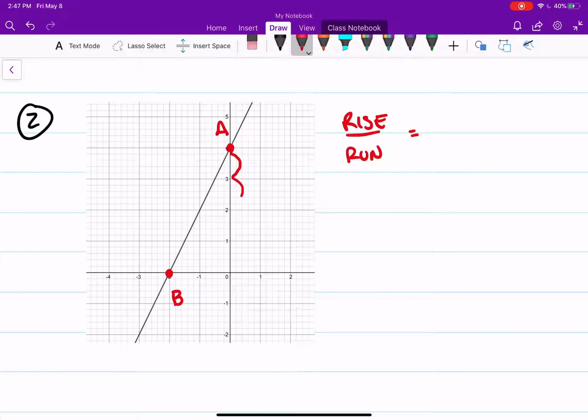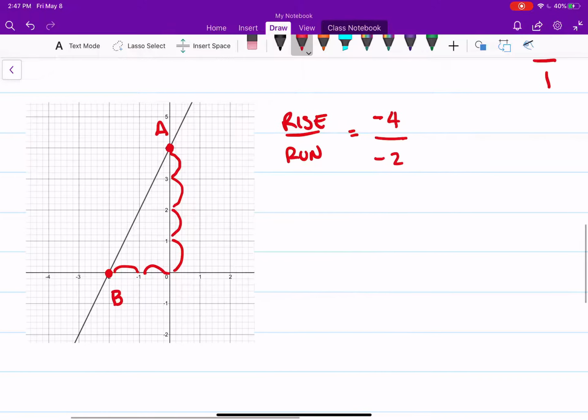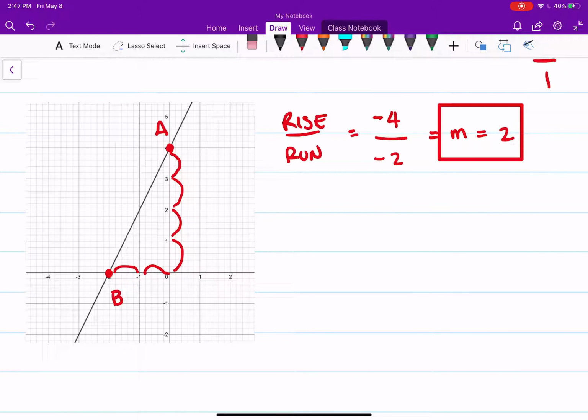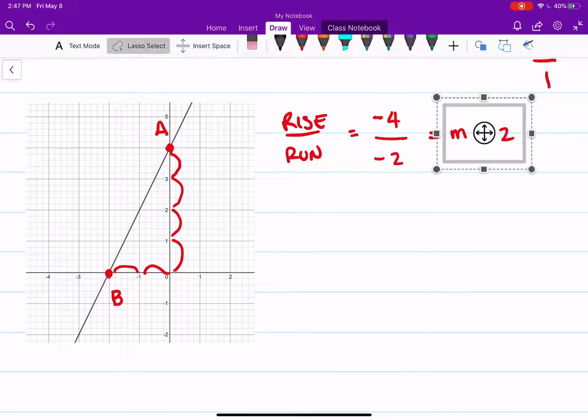I went down 1, 2, 3, 4. So I went down 4, and I went left 1, 2. So I went left 2. Therefore my slope is equal to positive 2. And there's my slope.